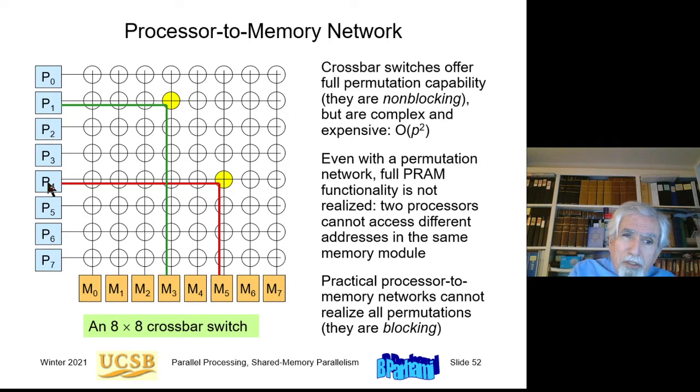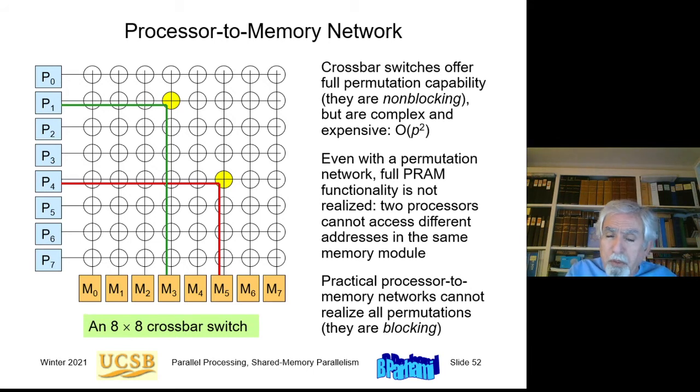And if processor 4 is accessing some address in that bank, then the other processors cannot access other addresses in the same bank, okay? So we are restricting the functionality of PRAM in this implementation by saying the processors cannot access arbitrary sets of memory addresses, but they can access an arbitrary permutation of memory banks.